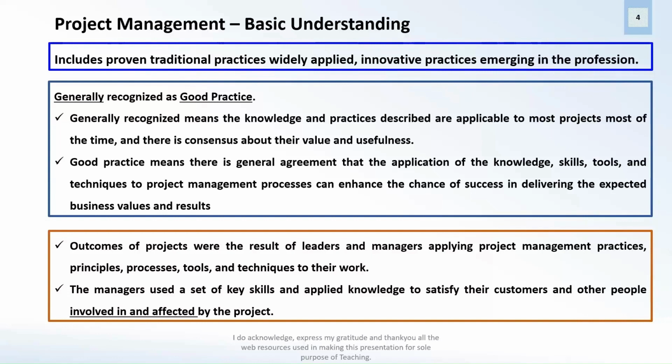A simple example: a flyover needs to be built. Generally the governmental organization, the Public Works Department, will award a contract to a contractor who is capable of doing this job, correct?